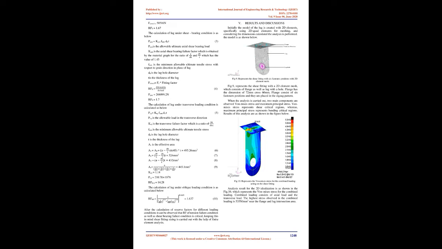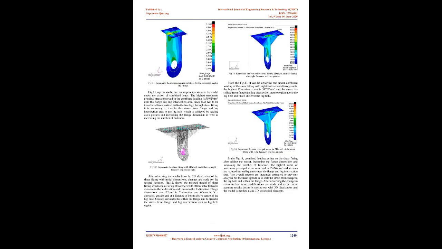A1 equals A4 equals, (A minus DH/2 times sin 45) times T equals 495.26 mm2, equation 6. A2 equals (W/2 minus DH/2) times T equals 324 mm2, equation 7. A3 equals (A minus DH/2) times T equals 432 mm2, equation 8.